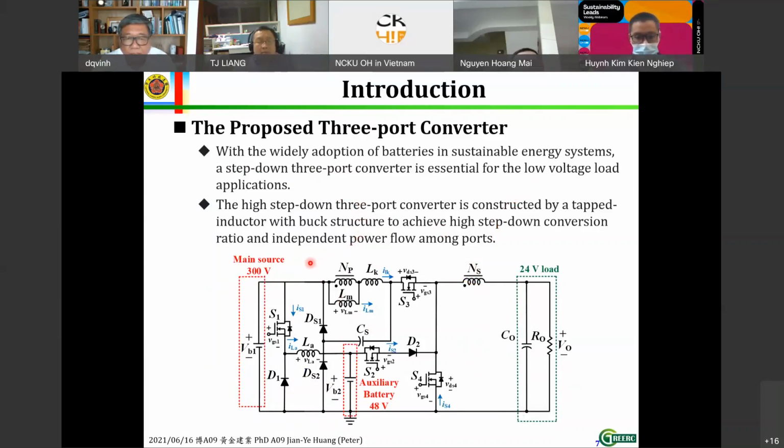This high step-down three-pole converter is constructed by a tapped-inductor structure combined with a buck converter. It can achieve a high step-down conversion ratio and also independent power flow among poles: from the main source to the auxiliary battery, from the auxiliary battery to the load, and from the main source to the load.